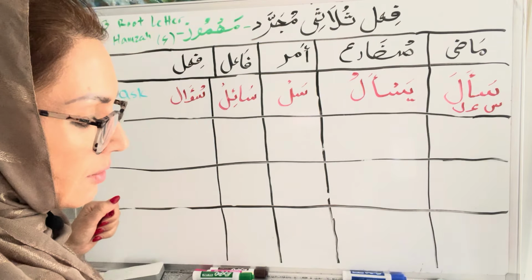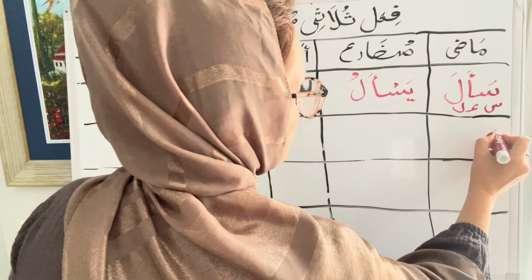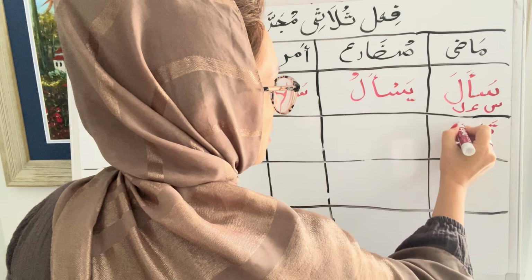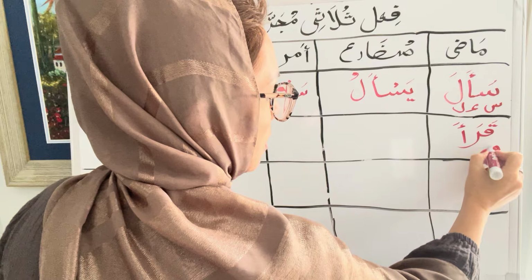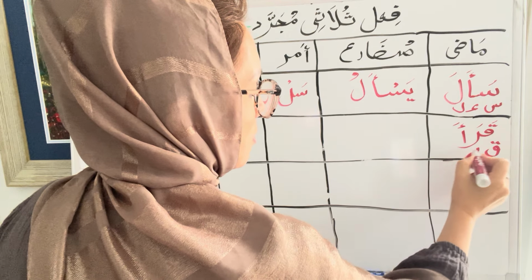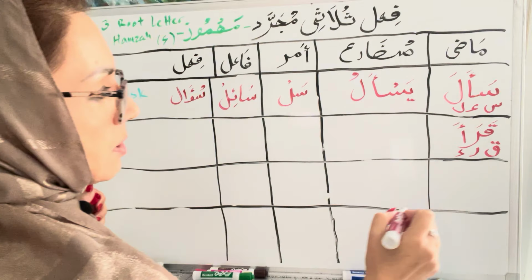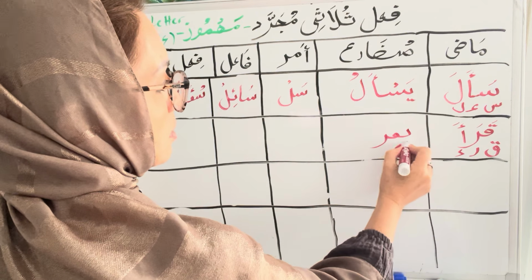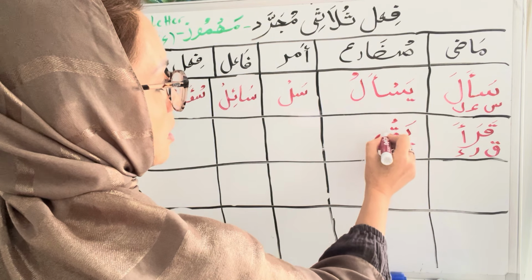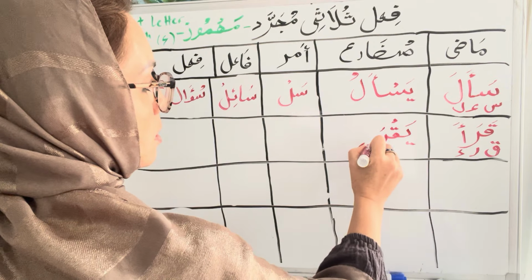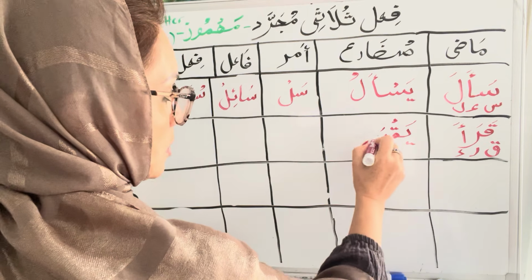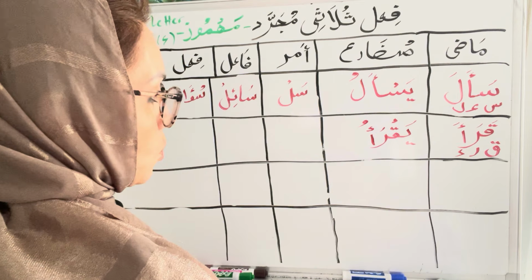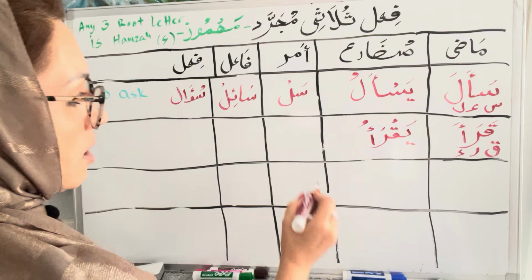And then the next one we have is qara'a. It's qaf, ra, and hamza. Qara'a, yaqra'u. And then iqra, which takes a sukun.